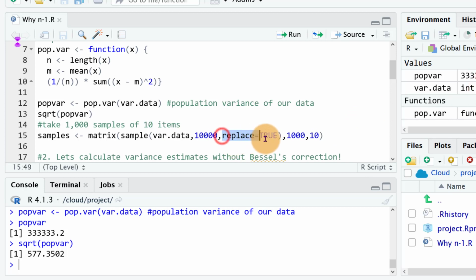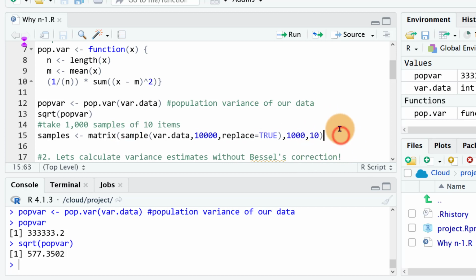And this replace equals true means we're going to draw a number from 1 to 2,000 and put it back. Draw a number from 1 to 2,000 and put it back. We have to put it back because we're drawing 10,000 from a group of 2,000. That choice is not mathematically important for the results that we're going to see.